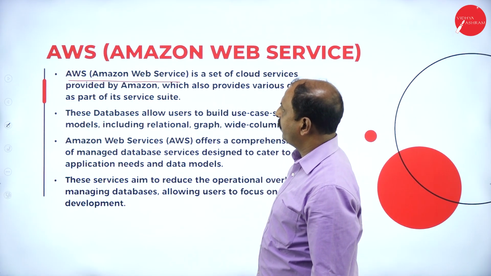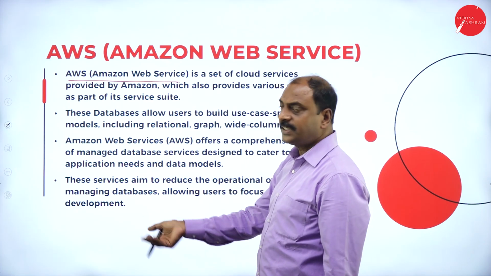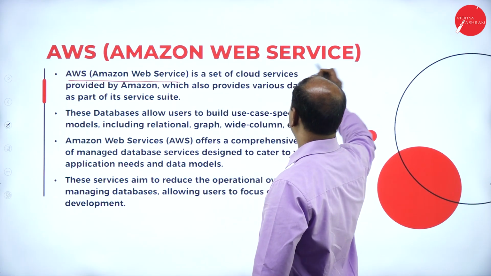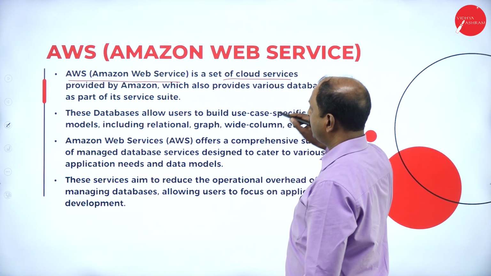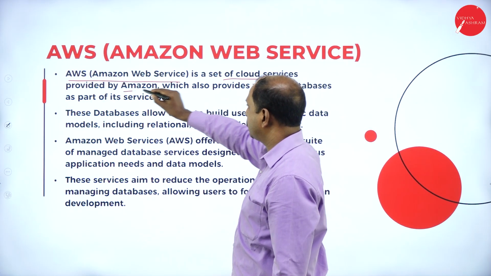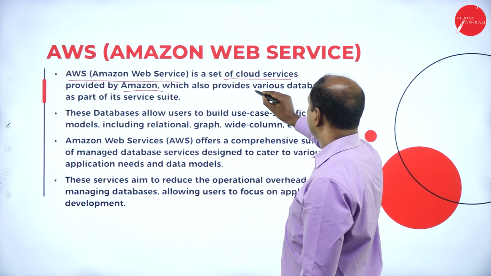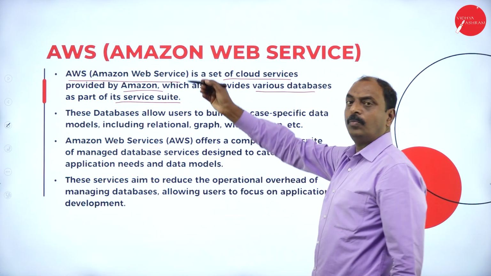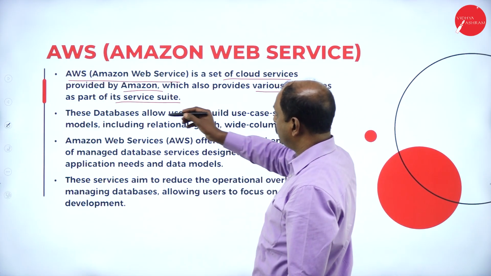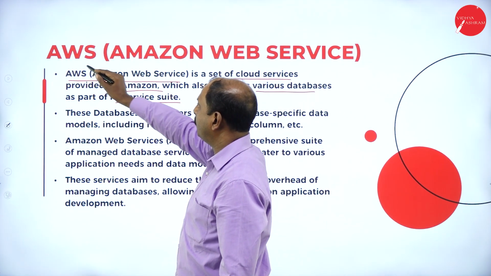Now, in the next slide, we move on to the next service, that is Amazon Web Services, AWS, a set of cloud services provided by Amazon, which also provides various databases as part of its services. So one more storage service is from Amazon, referred to as AWS.